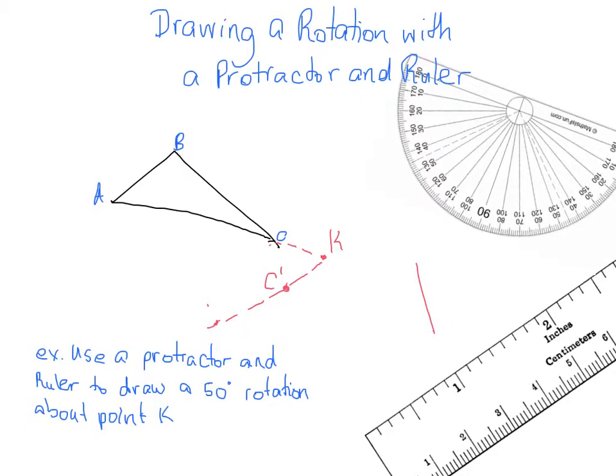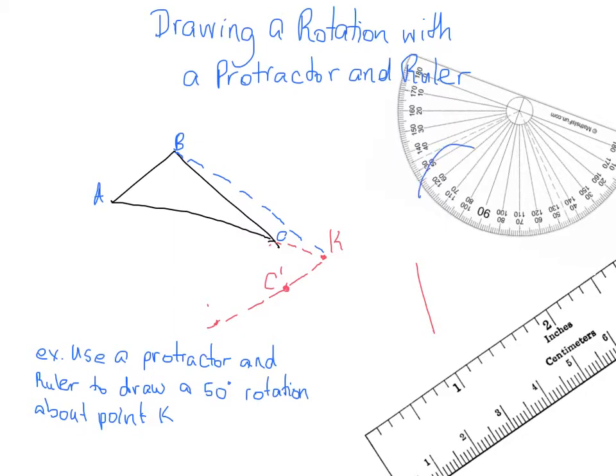So we would go ahead and do that for every point here. Since I am not using a real ruler and I'm not using a real protractor, that would take a very long time, but I just wanted to show the start of me finding the new point B. That should be a straight line.